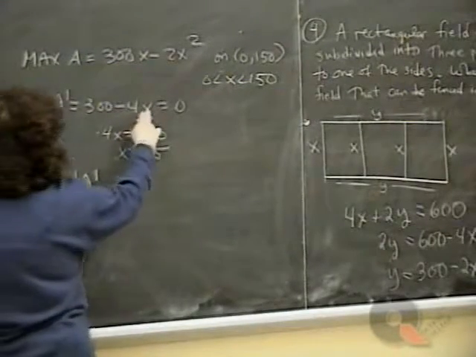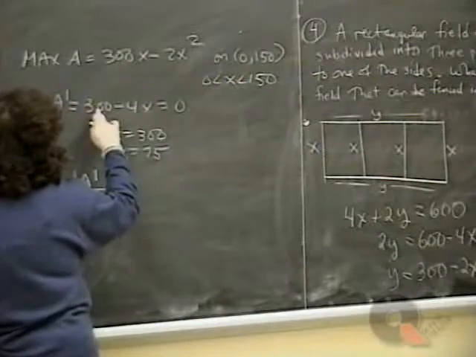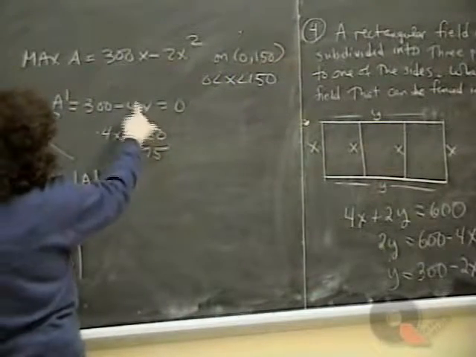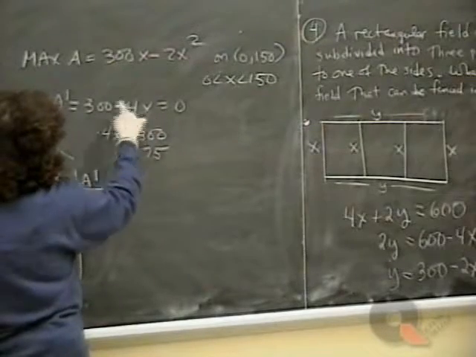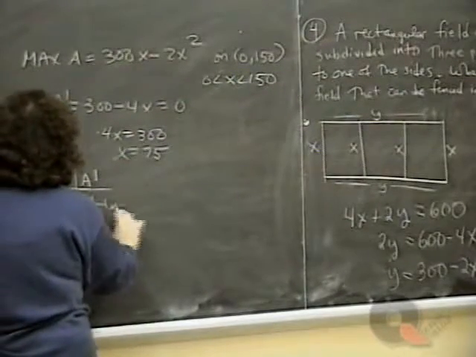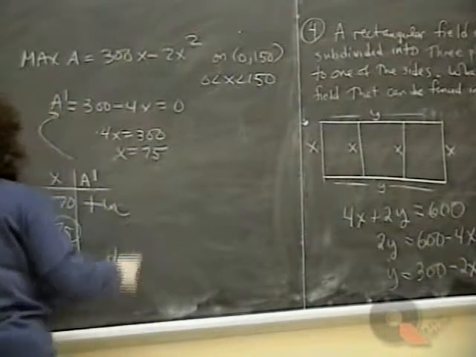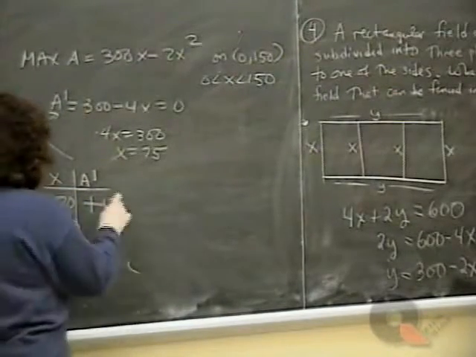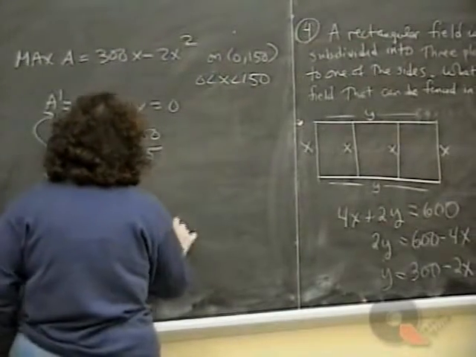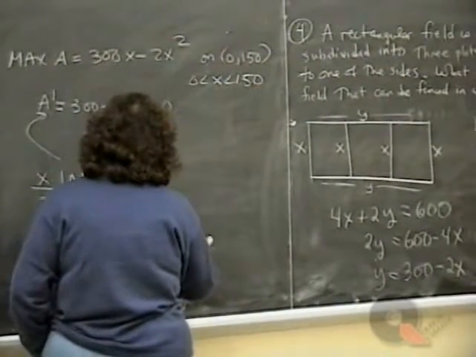Plugging in 70 here, 4 times 70, 280, 300 minus 280 is positive. Substituting x equal to 80, 300 minus 4 times 80, 300 minus 320 is negative. The function was increasing and then decreasing after the critical number, giving us a local max. And there's only one turning point.